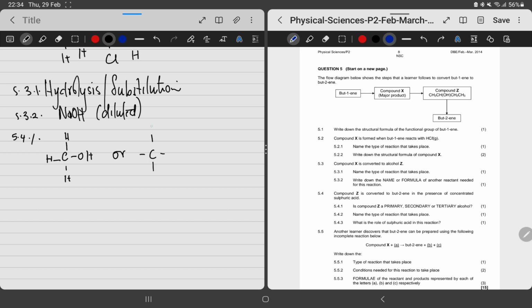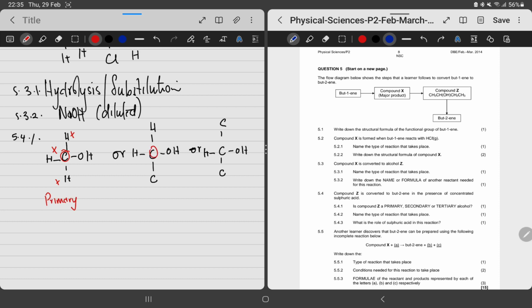I just want to try and explain something now. Okay, when you have a carbon attached to three hydrogens like that, this is a primary alcohol.